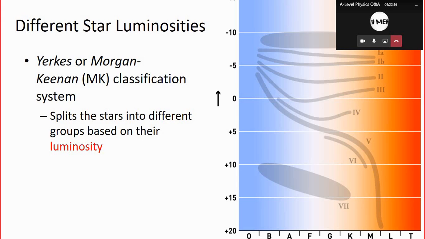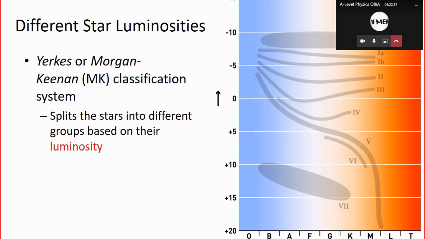There's a slight difference between luminosity and brightness, but it's basically the same idea. Hopefully you can see on the diagram on the right, there's different shaded areas. Don't worry exactly what the diagram's showing, but just realise there's different shaded areas that have different Roman numerals associated with them. And each of those groups have a name associated with them as well.